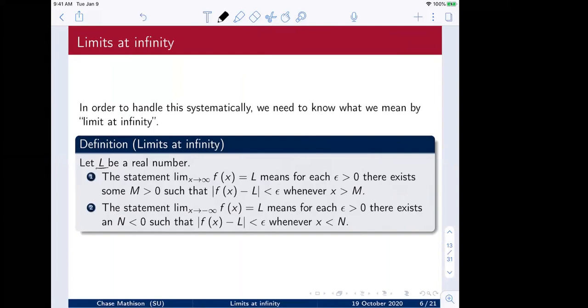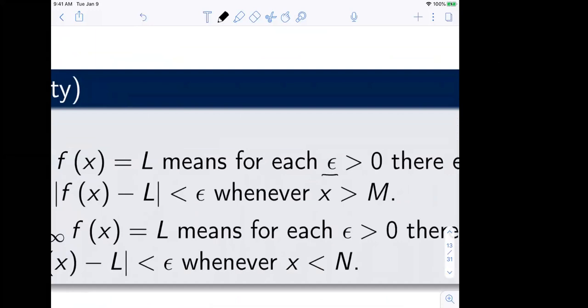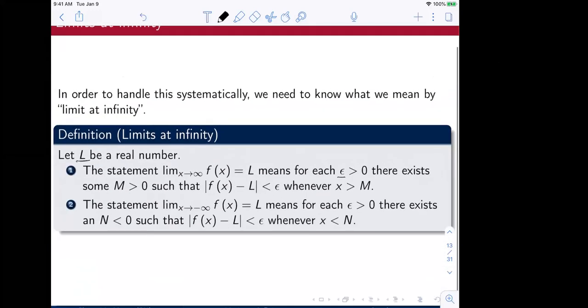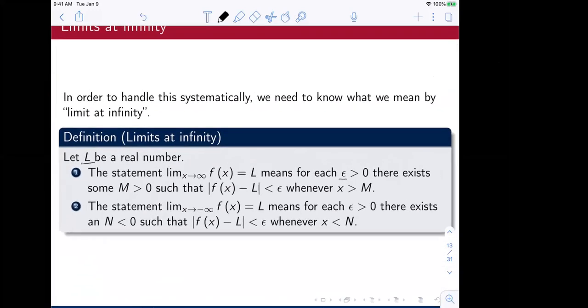The statement that the limit as x approaches infinity of f of x is equal to L means that for every epsilon greater than 0, there is some number m so that f of x minus L in absolute value is less than epsilon whenever x is greater than m.